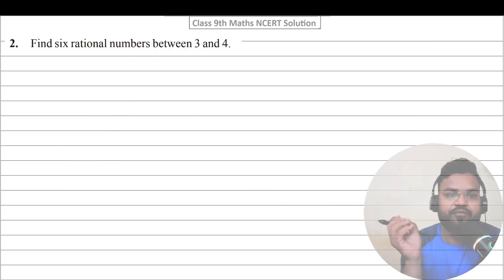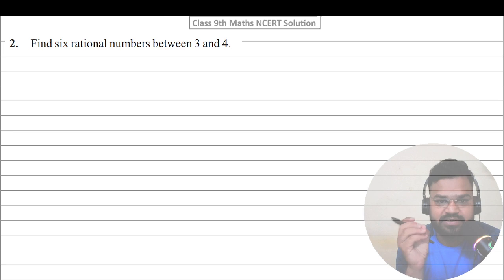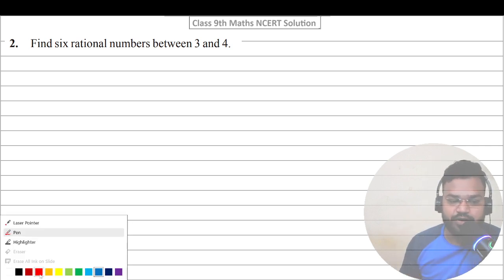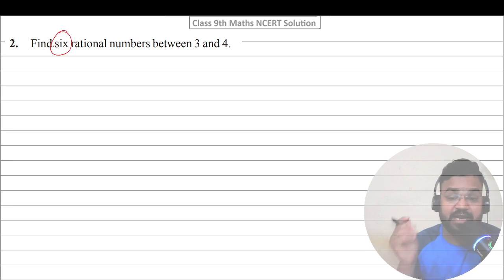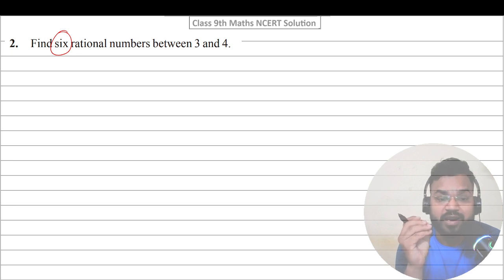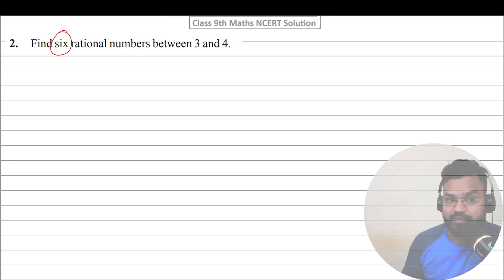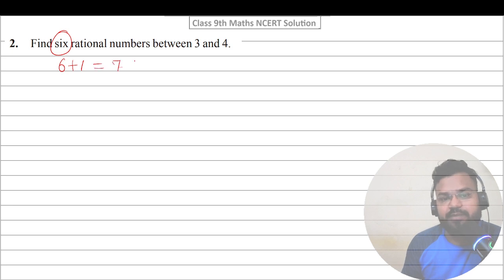Next one is: find 6 rational numbers between 3 and 4. So how to find 6 rational numbers between 3 and 4? In this case, you have to find 6 rational numbers, which means you have to rewrite these numbers with the denominator 6 plus 1, that is 7.